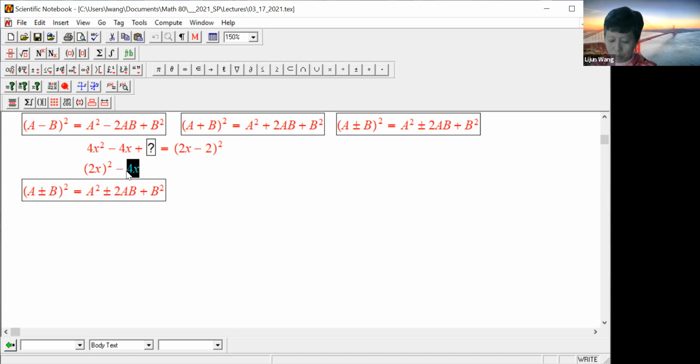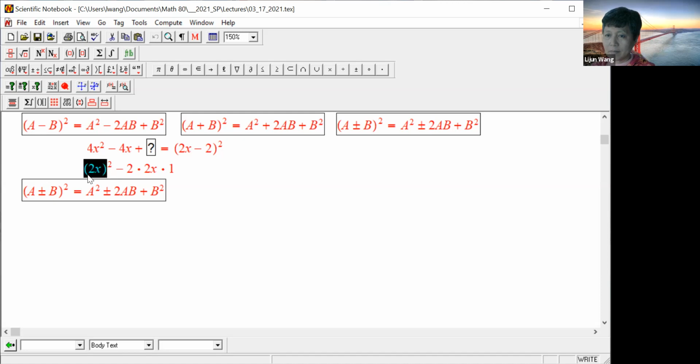Minus 4x can be written as 2 times 2x times 1, right? So the 2 matches the 2, a matches the 2x, b matches the 1. Do you follow me? It's really a matching game.